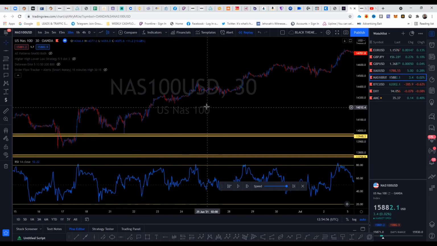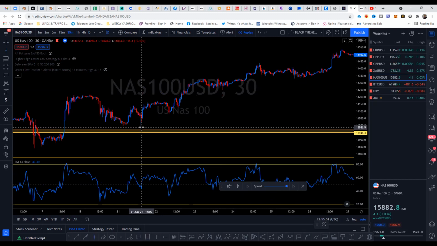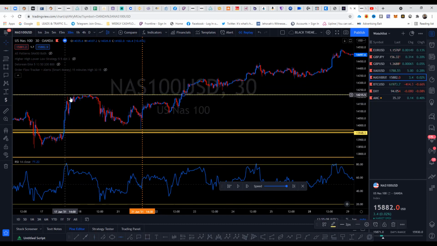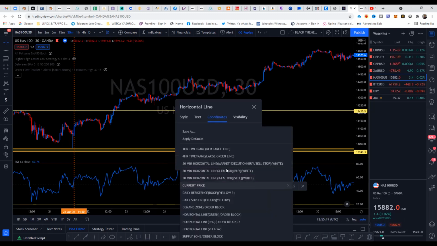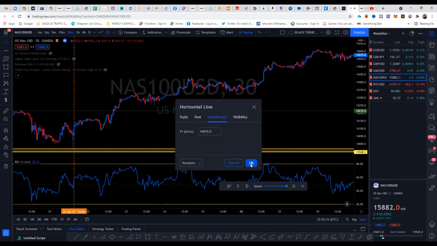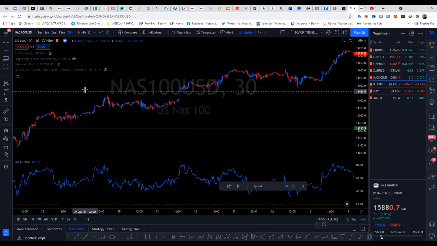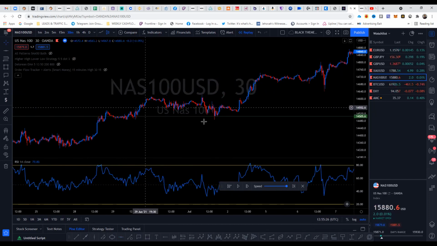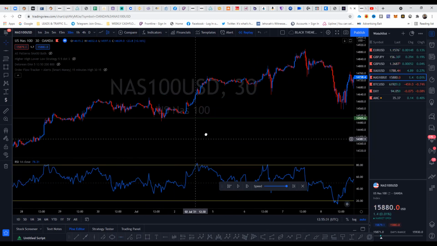All right. So I took my horizontal line. This is going to represent the 30-minute. So basically I put one there. So I'll make this the 4-hour or horizontal lines. So a lot in this area. Let's see, yeah.